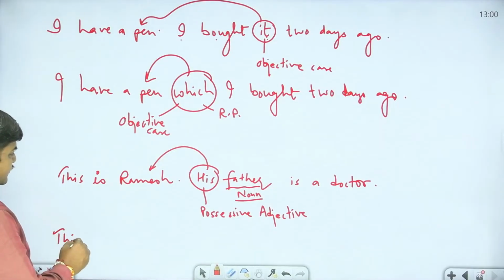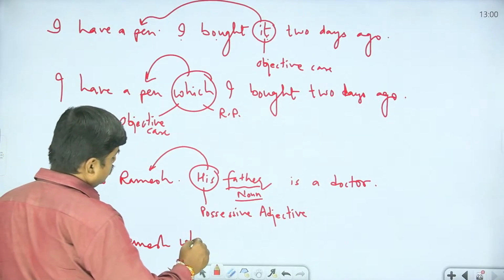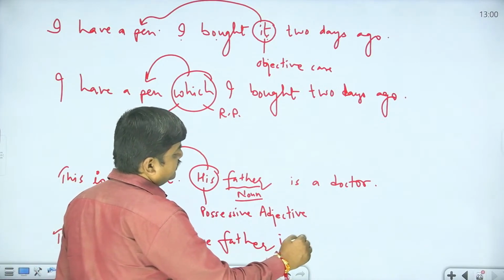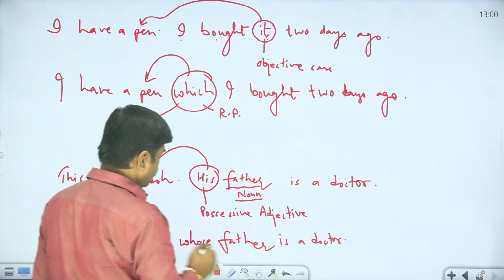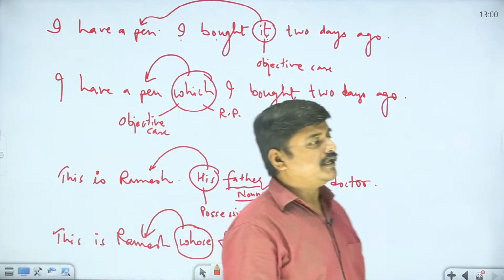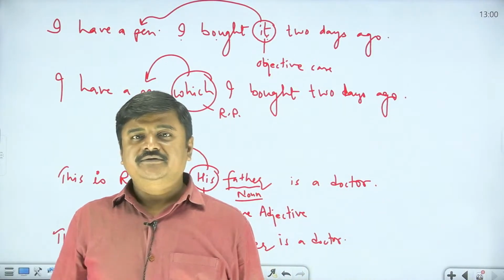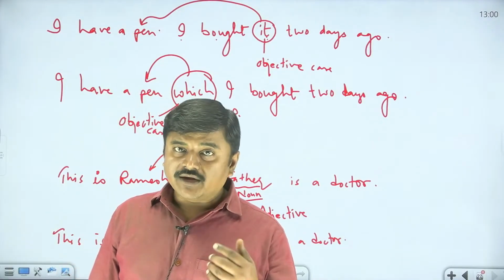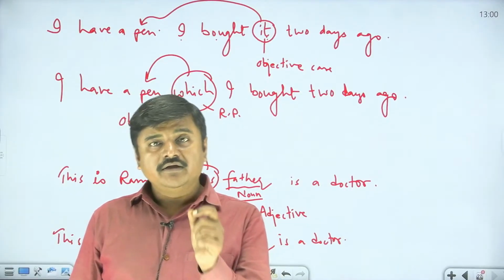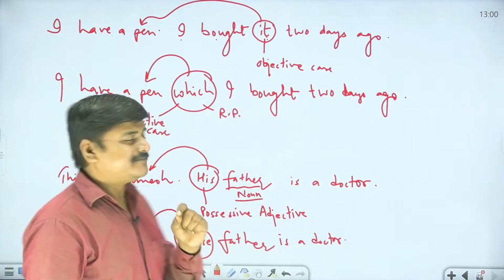And you will say that you can write it, sir, like this: This is Ramesh, whose father is a doctor. Now, whose is for Ramesh, and it is actually working in the same function. I hope you are now getting closer to the point. That's how relative pronouns are actually used. Let's see some more examples.